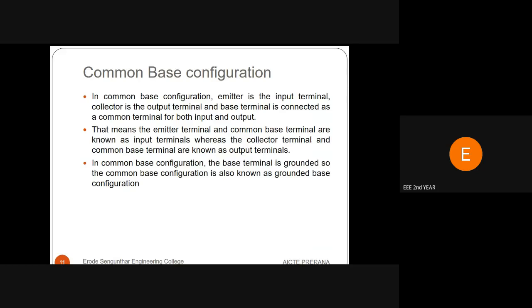That means the emitter terminal and base terminal are known as input terminals, whereas the collector terminal and common base terminal are known as output terminals. In the common base configuration, the base terminal is grounded. So, this configuration is also known as the grounded base configuration.